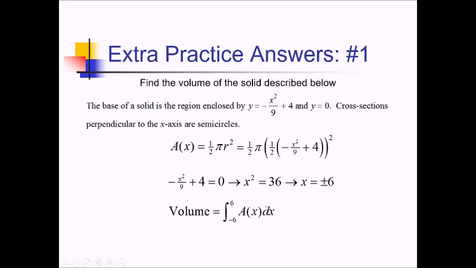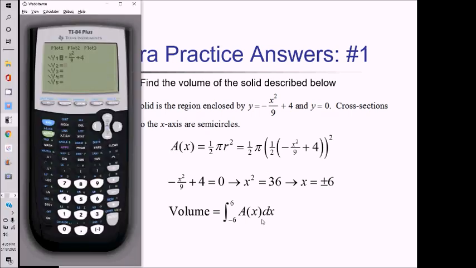And now I'm going to do the rest of this on the calculator. To make things a little bit cleaner, I'm going to put this whole a of x function inside y equals as y2, and then I'll just integrate y2 from -6 to 6. Let me do the fancy fraction here, 1/2. We've got a 1/2, a pi, and a parentheses with another 1/2 inside.